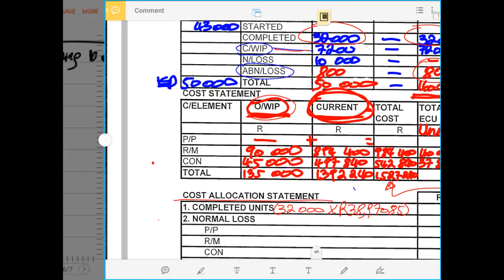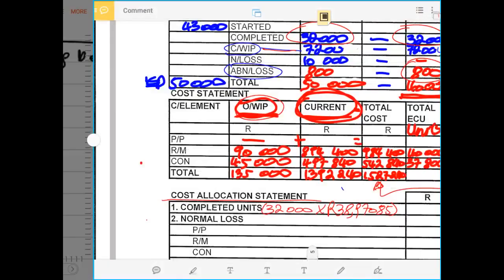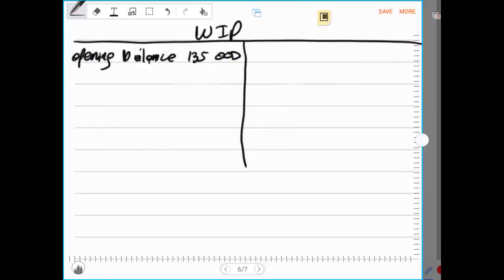So now it means we'll have to record on the debit side of the work in process the cost incurred during the year first. In the current year, we incur two costs, which is material transferred to the current year and conversion cost. So now we'll have to split those two and record material control on the debit side.